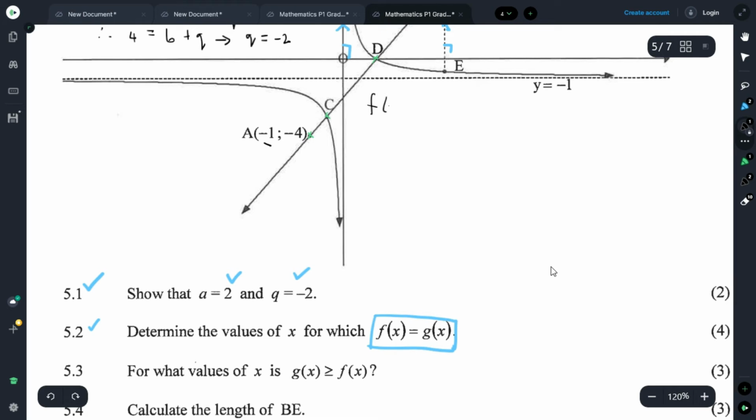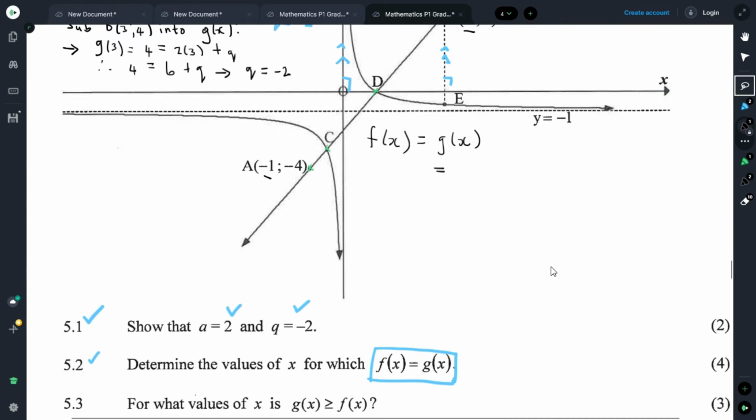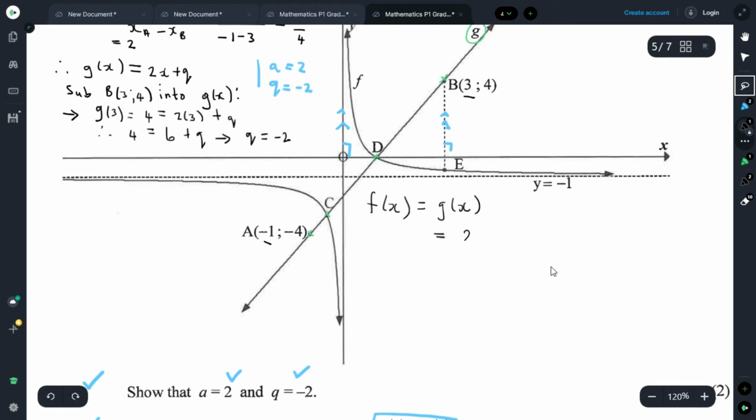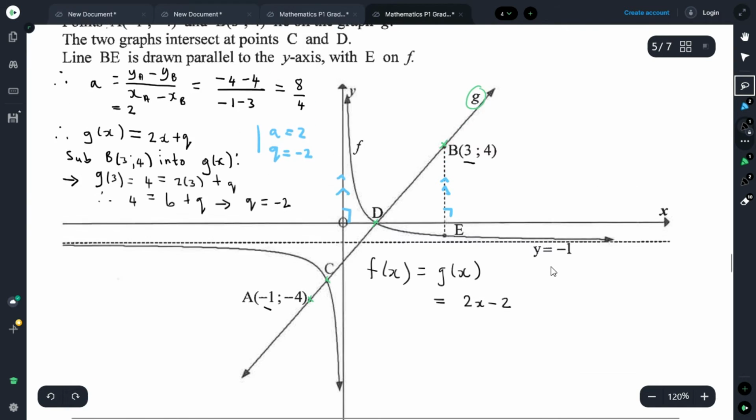To find the x values for which the points intercept, we need to equate. So f of x is equals to g of x, right? And we know that g of x is 2x minus 2.